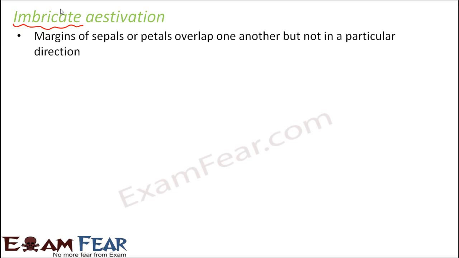So let us see what happens in imbricate. What is the meaning of the term imbricate? Basically this term means something which is shaped like a roof tile. You know the tiles of the roof? Something which is shaped like that is known as imbricate. So it is basically the margins of sepals or petals overlap one another but not in a particular direction.